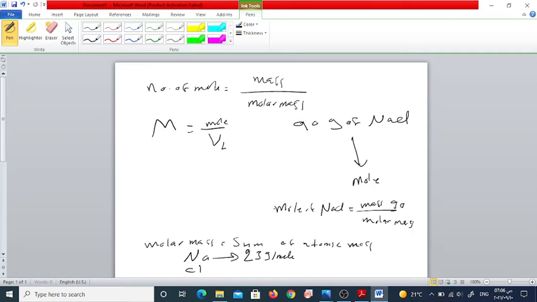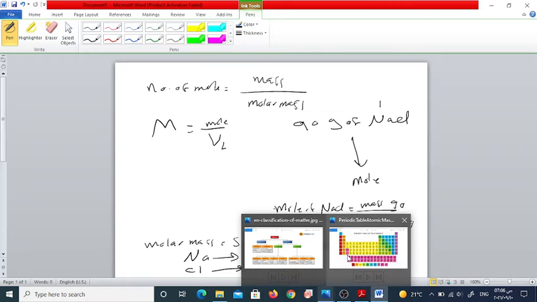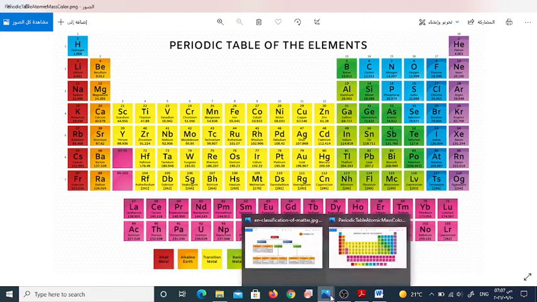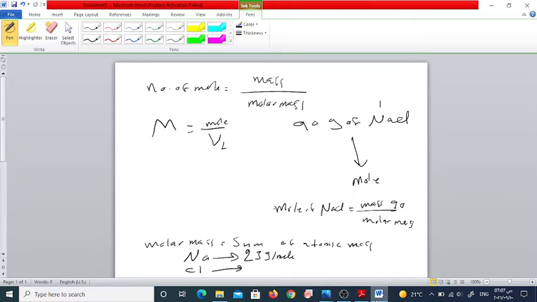And for Cl, let us derive it again from the periodic table. Cl, here we have 35.45 gram per mole.